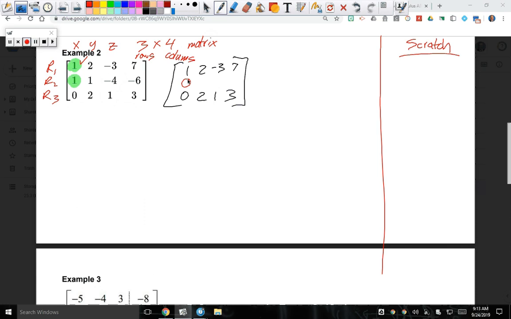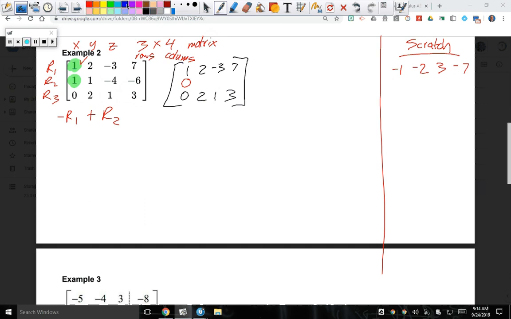You with me? Okay, here we go. So I'm going to take negative row 1. You with me? And I'm going to add what to it? Row 2. So let's do some scratch work off to the side. A negative row 1 looks like this. Okay?